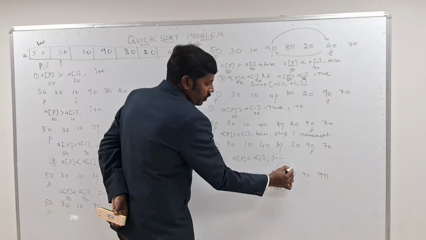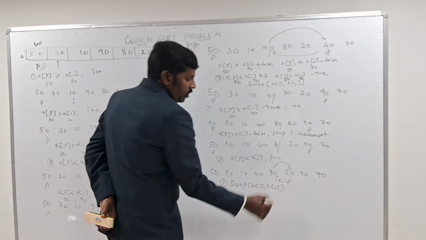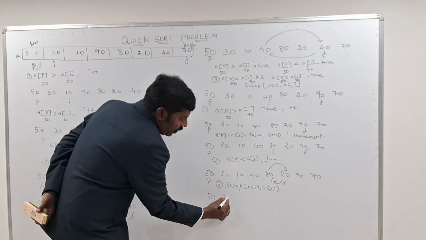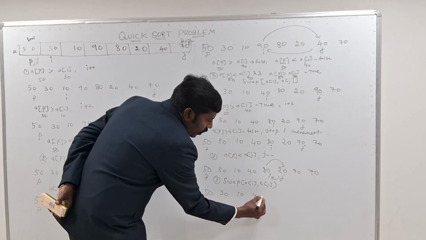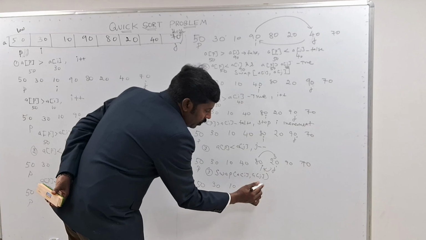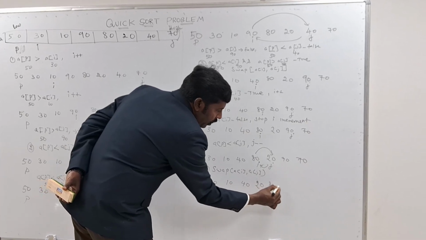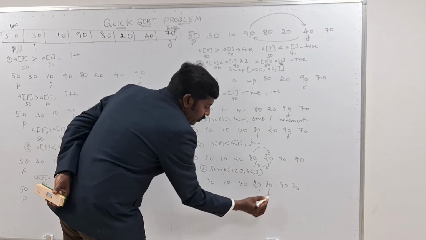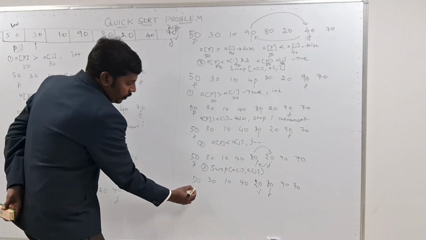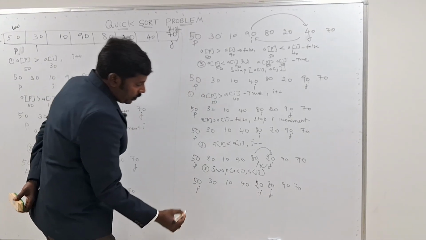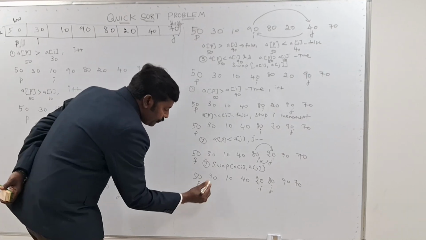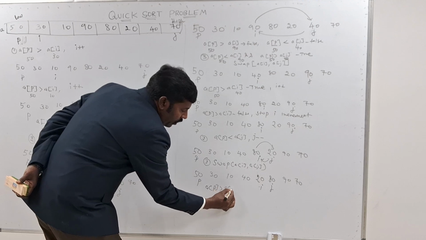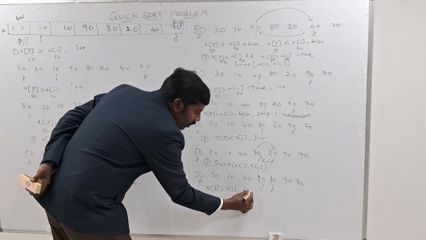So: 50, 30, 10, 40, 20, 80, 90, then 70. This is I, this is J, this is P. Now check the first condition: A of P greater than A of I, yes, the condition is true, I increments by 1.